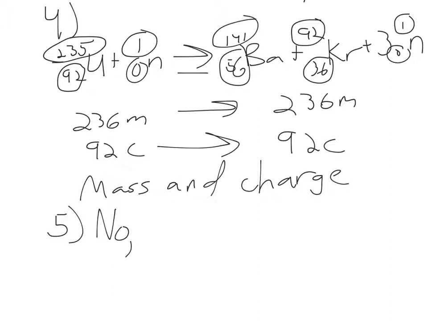So no, we can't just say that if I add 2 hydrogens together, I know what they're going to turn into, because there are different isotopes of hydrogen. Some hydrogens have a neutron, some have 2 neutrons, some don't have any neutrons.